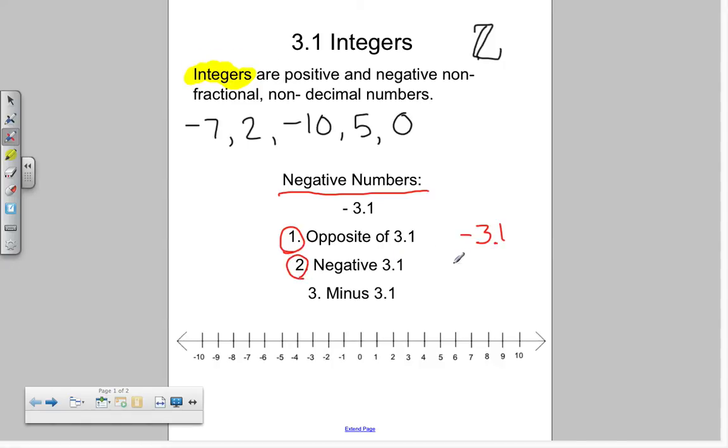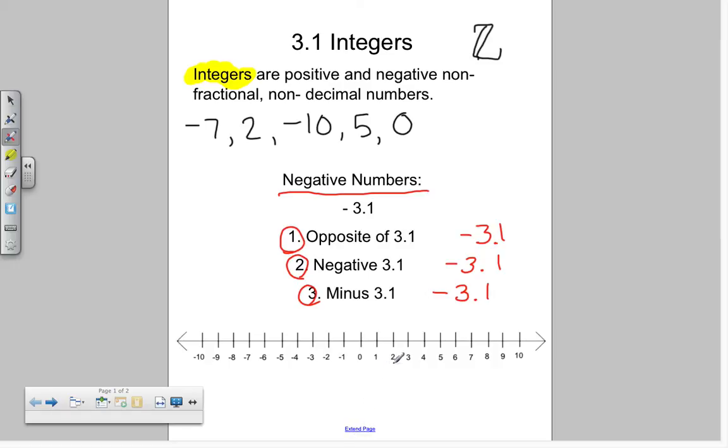That's the one you're probably like, oh yeah, no duh. Another way of saying that number up there. Number 3, minus 3.1. Usually you see this within a problem, but whenever you see the minus sign, it actually just means negative 3.1. I know you may not believe me about number 3 yet, or it may seem funny, so just give yourself through this chapter, and then I think you might start to agree with me.